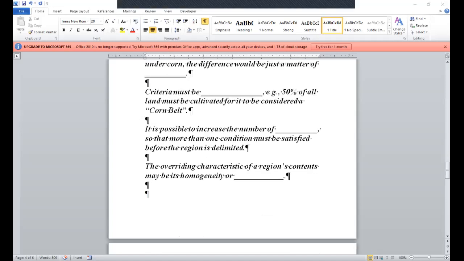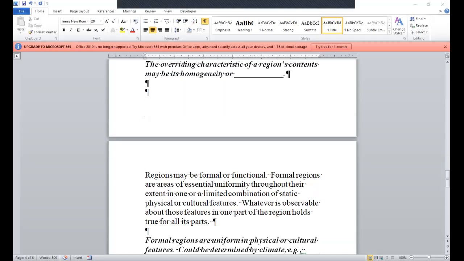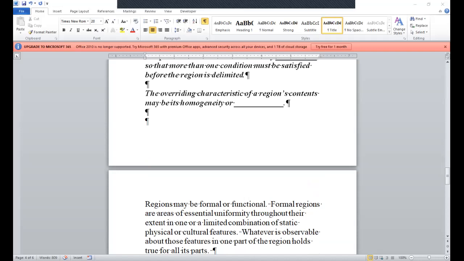Lastly, I want to head into formal and functional regions. Again, we've dwelt on that in the past, but I want to elaborate on it a little deeper and just briefly set this up by saying that regions may be formal or functional.